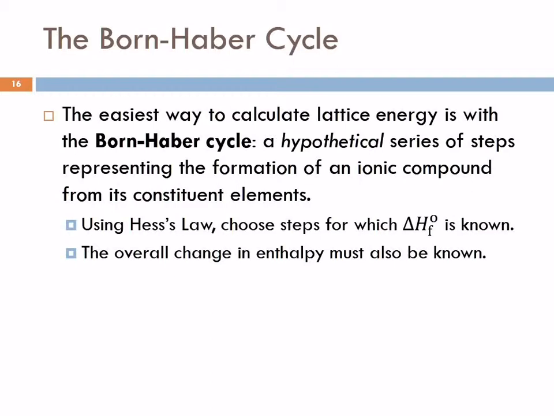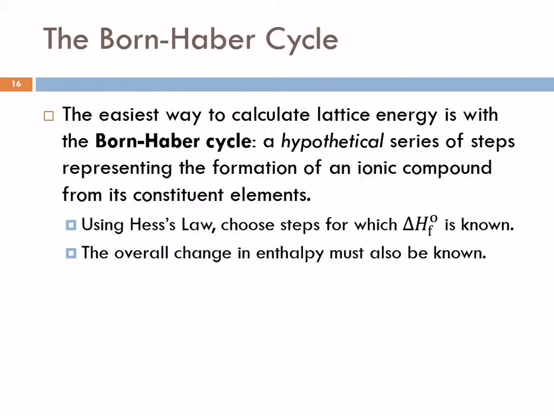Well, how do we figure out what the lattice energy is? The easiest way is to calculate it using what's called a Born-Haber cycle. This is a hypothetical series of reactions that represent forming that ionic compound from its elements. And this is going to use Hess's law. Remember Hess's law?